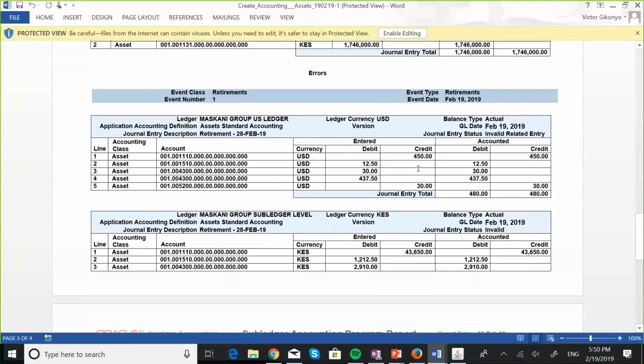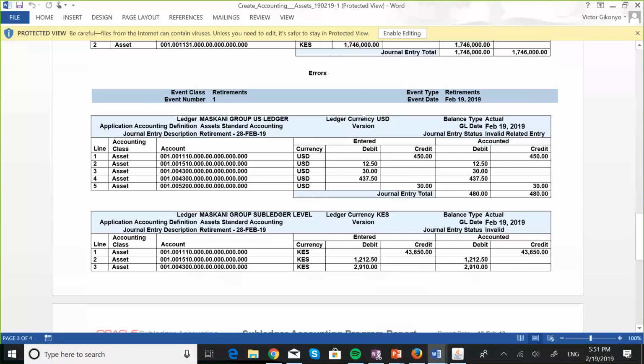And the loss here of 30 is actually because of this cost that we are paying for removal. And that's hitting this cost of clearing account. Remember, this accounting comes from assets. The other place where we should enter the cost of removal clearing account is in payables when we're entering the invoice. But we haven't done that, and we haven't created accounting from payables.